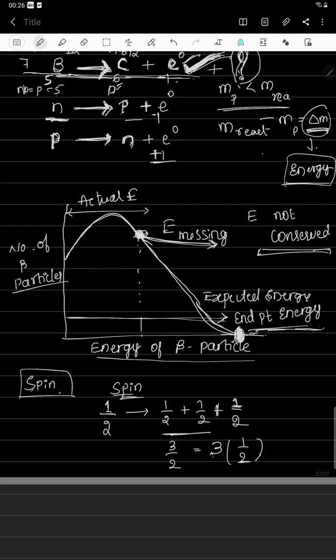We have to add a particle with spin 1 by 2 so that the spin angular momentum is conserved.